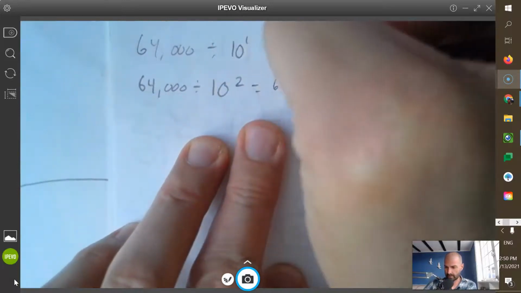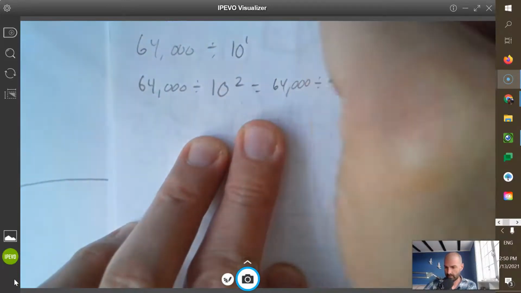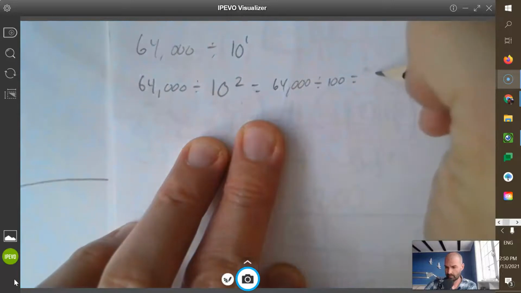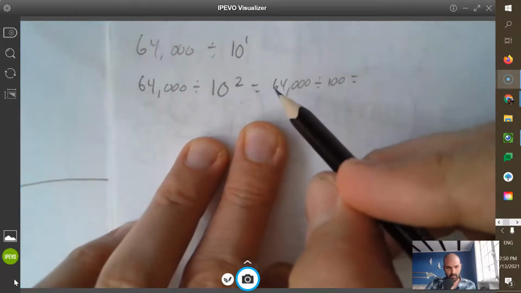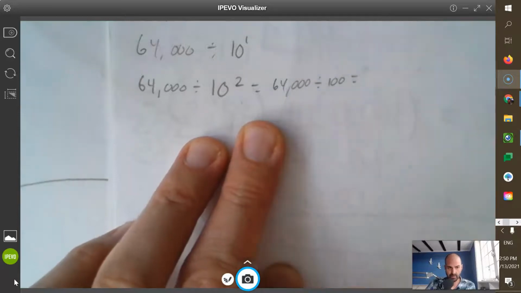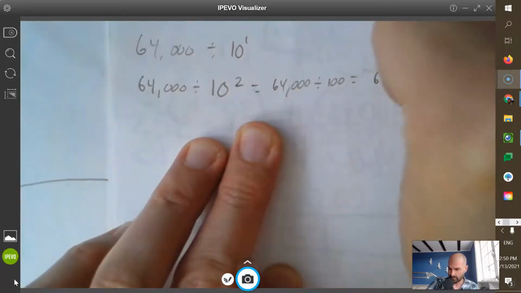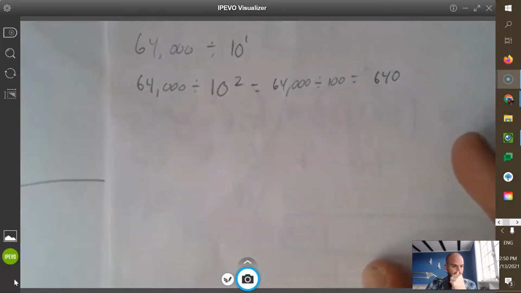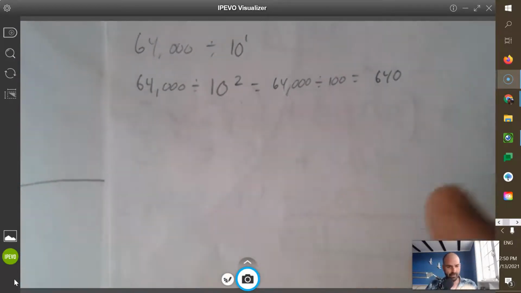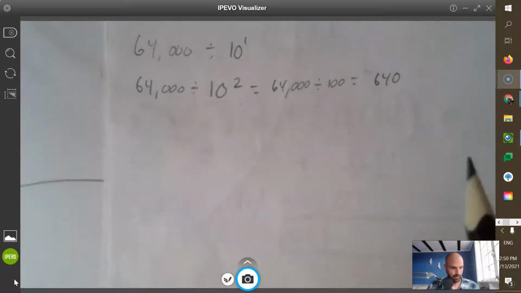So this is the same as 64,000 divided by 100, which gives us digits going 2 spots to the right. So this is 640. I don't like the whole zero thing, you know that. All right, let's look at what's next.